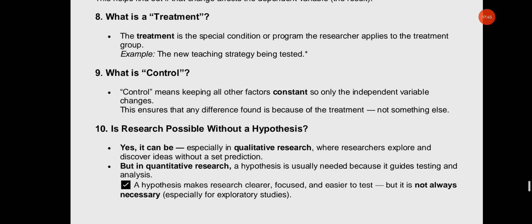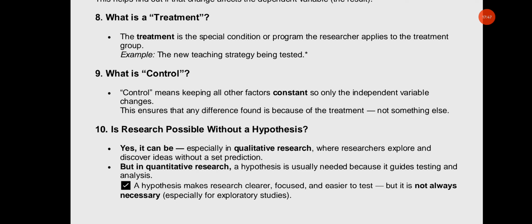The treatment is a special condition or program the researcher applies to the treatment group. For example, the new teaching strategy being tested. What is control? Control means keeping all other factors constant, so only the independent variable changes. This ensures that any difference found is because of the treatment, not something else.